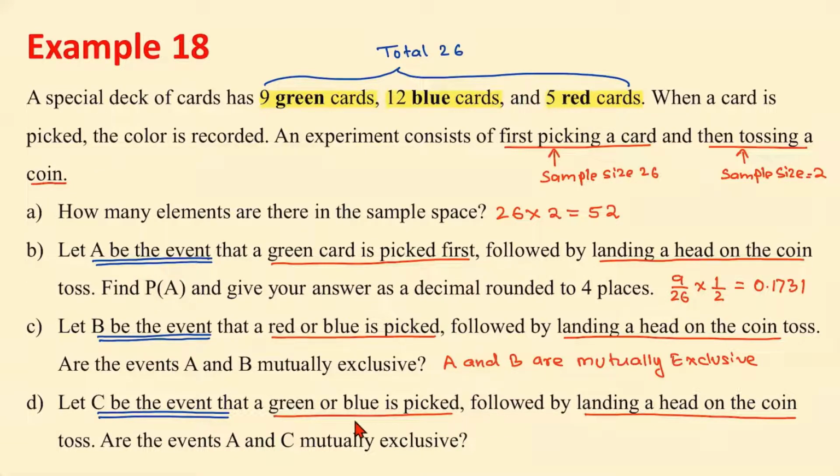That means, in fact, A and C are not mutually exclusive. So we can say A and C are not mutually exclusive. Okay, that is your number 18.